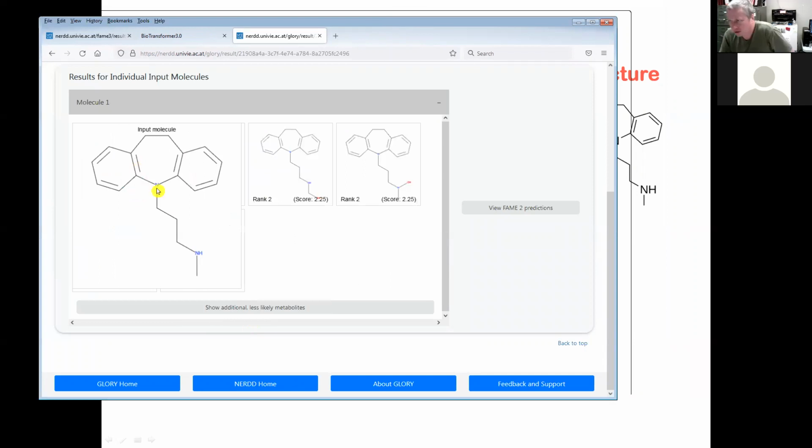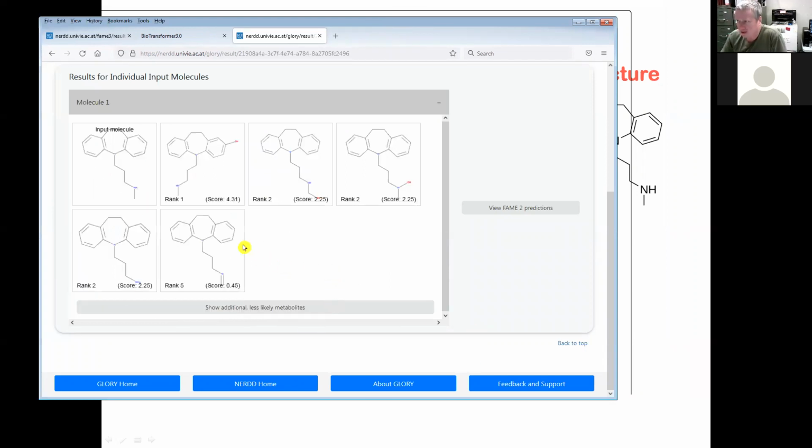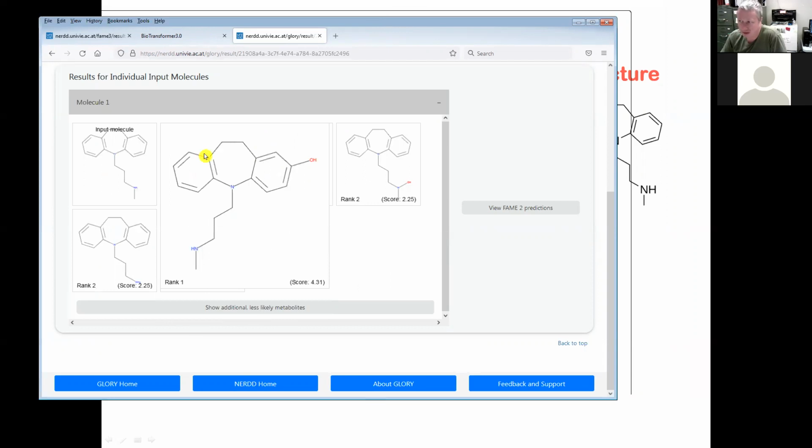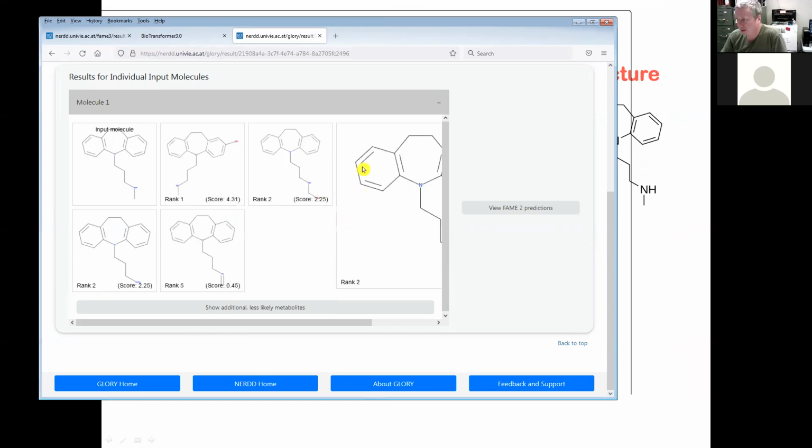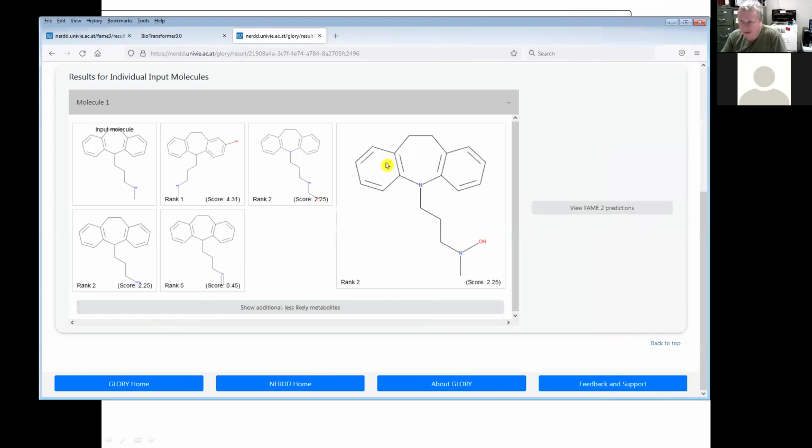Okay, so the input molecule is the first one. And then, oh yeah, it's actually making some other predictions too. It's predicting aromatic hydroxylation, for example, on the benzenes. That's nice. It's predicting N-hydroxylation, which seems like a reasonable thing that can happen also.